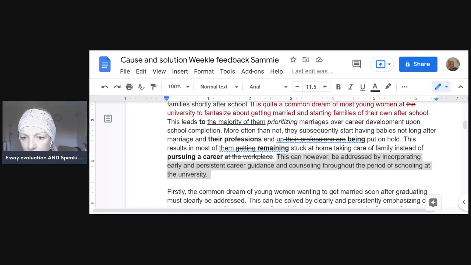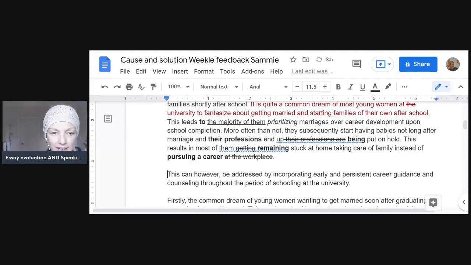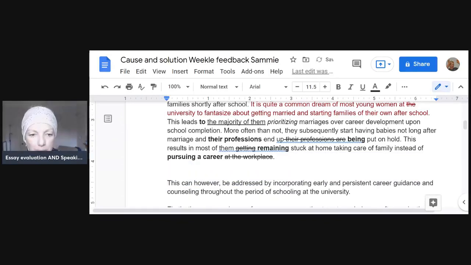Alrighty. Okay, no, she did. She separated the paragraph. So for me, it doesn't make sense that this sentence is here. This sentence really needs to introduce the solutions paragraph.